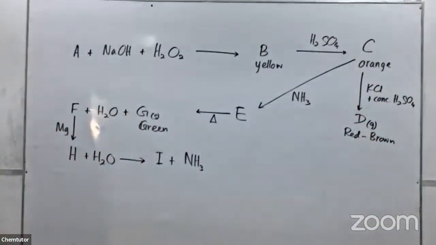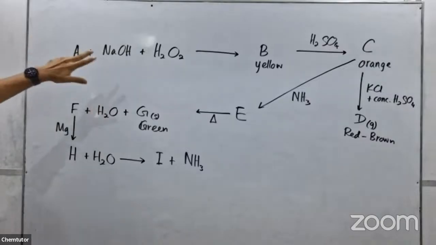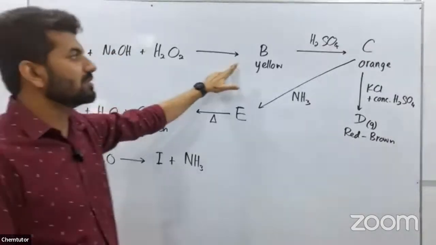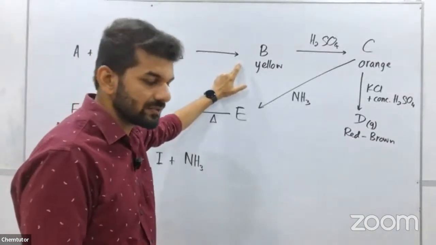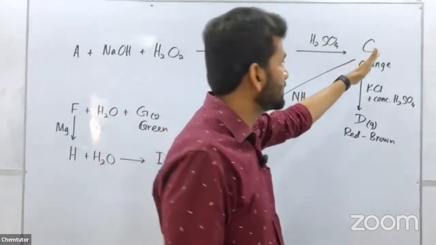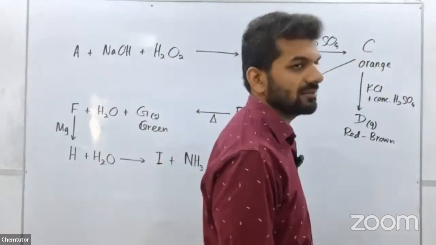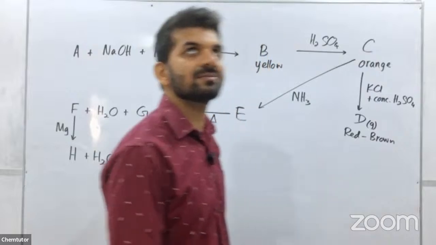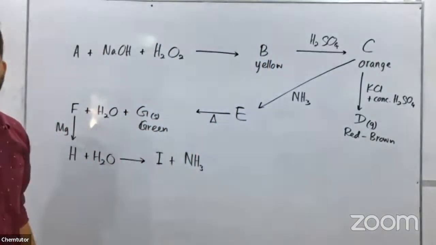So let's see. I'm going to move somewhat away so that I can see everything. Now we have A. A with sodium hydroxide and H2O2 gives B, a yellow solution. Then B, once it is acidified, turns into C, that is orange in color. Is it difficult for you?